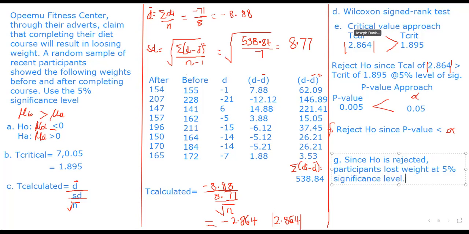Or you can say there's enough evidence that participants lost weight at 5% level of significance. Okay, do you have any questions?